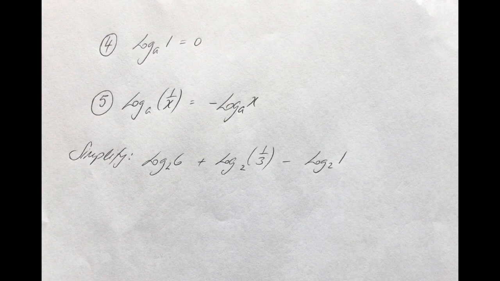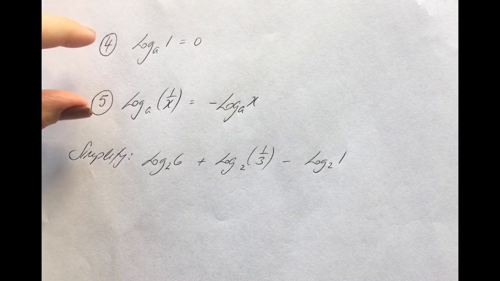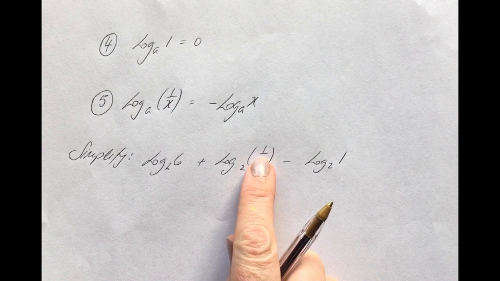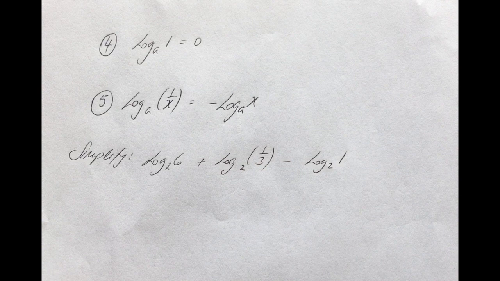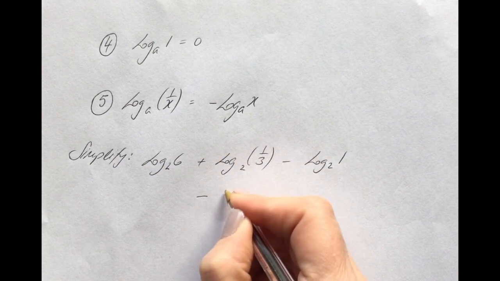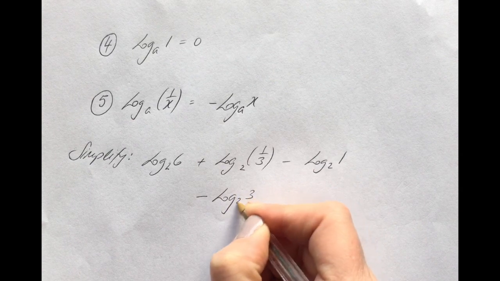So let's take a look at this example, and this has a mix of both laws 4 and 5. So pause the video if you want to give this one a go. So the first thing I'm going to deal with is the fact that I have this 1 over 3. So what I can do with that is write that as minus log 3 in the base 2.